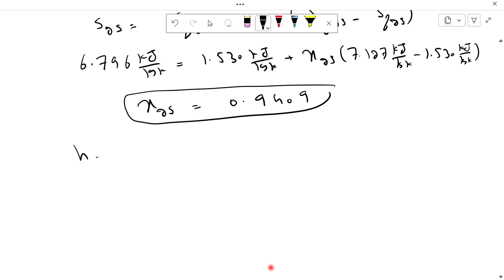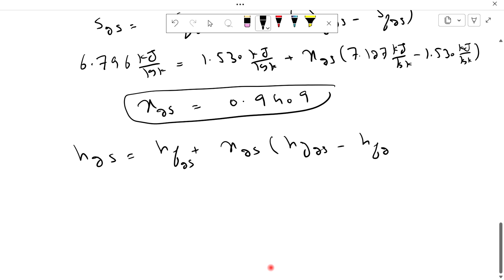Now you can find H2S. The formula for H2S is equal to HF plus X2S into (HG2S minus HF2S).